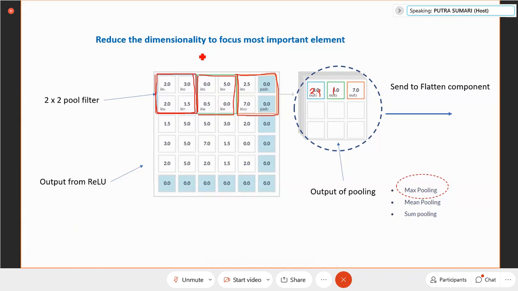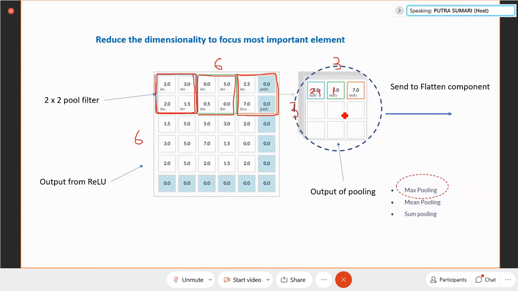You see now, you got how many? You reduce the size. So you got 1, 2, 3, 4, 5, 6. 1, 2, 3, 4, 5, 6. When you do a 2 by 2 filter, you reduce it by half, becoming 3 by 3. This is 6 columns and 6 rows. It becomes 3 rows and 3 columns.